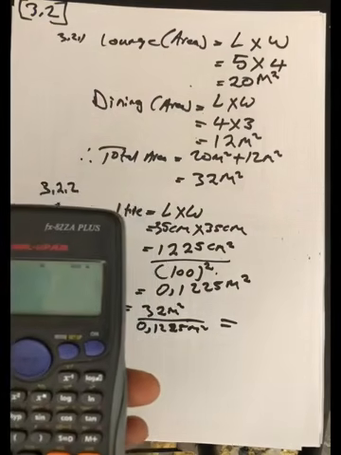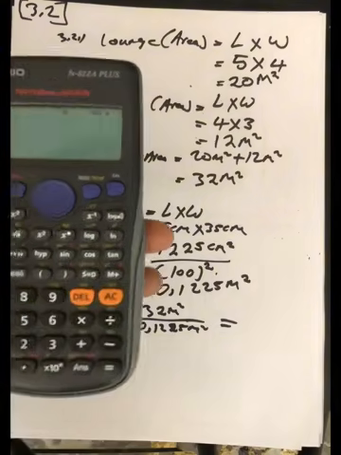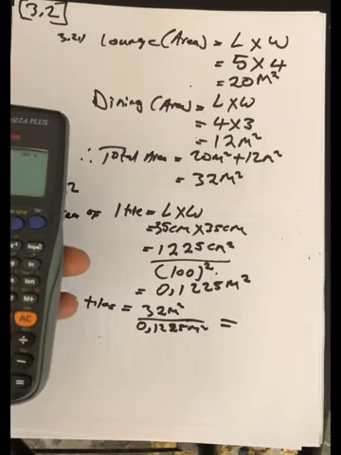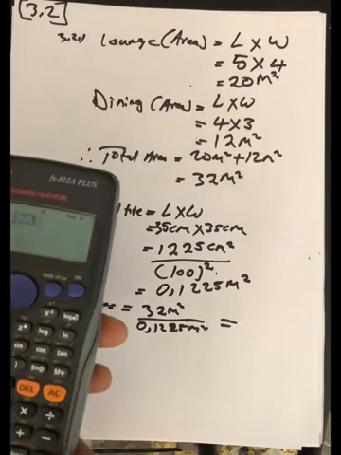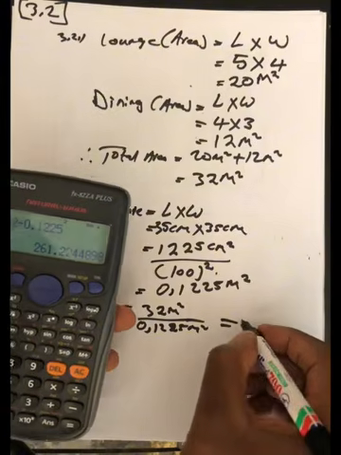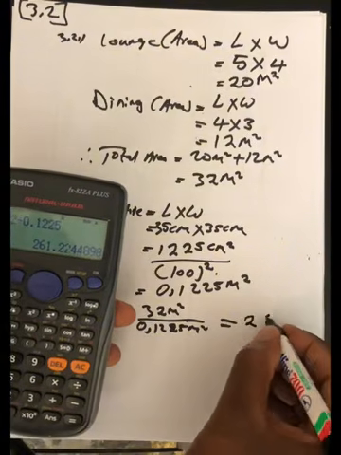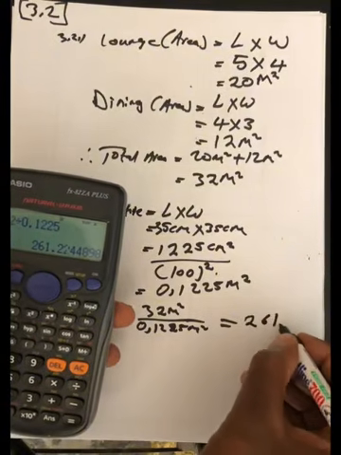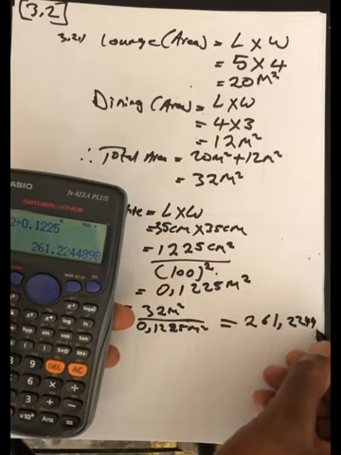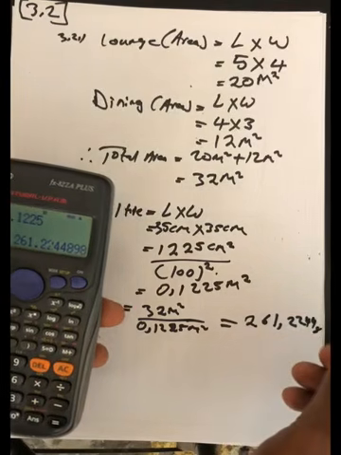So here, let's find the answer. 32 divided by the area of one tile, which is 0,1225. We find that our answer is 261,22448.9.